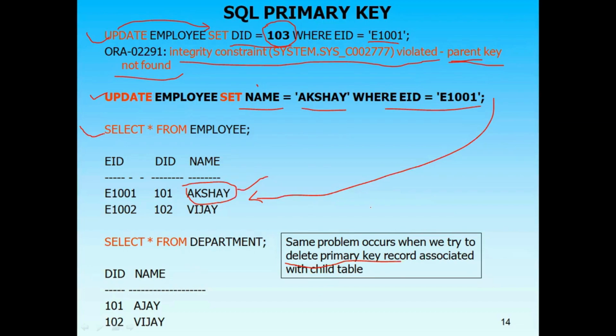Because, for example, there are 100 students associated with the civil department, and if you are trying to delete the civil department from the parent table, that is the department table, my foreign key constraint will not allow deleting the civil department from the parent table, because some records are already associated with this parent table, right? So it will lose the information about the department of those particular students, and that's why my foreign key constraint will not allow you to delete these records from the parent table.